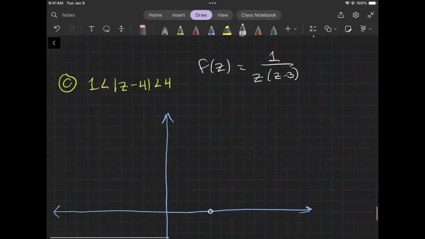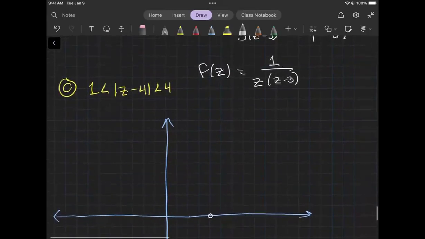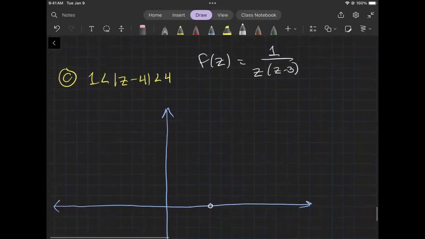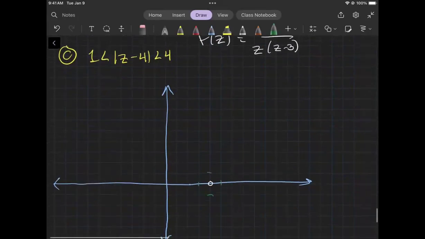It's restricted between the circle of radius 1 right here, and the circle of radius 4.